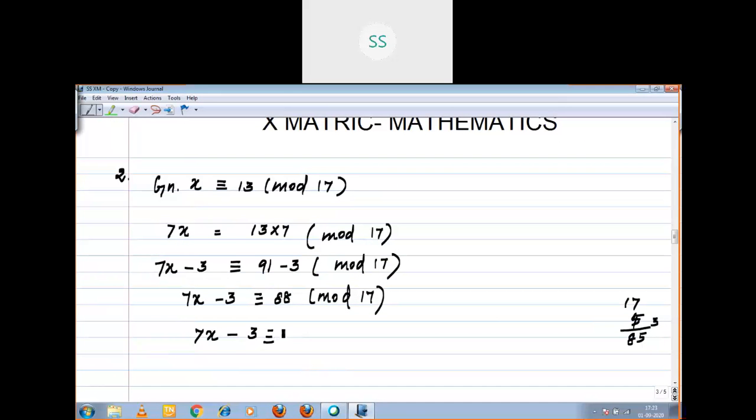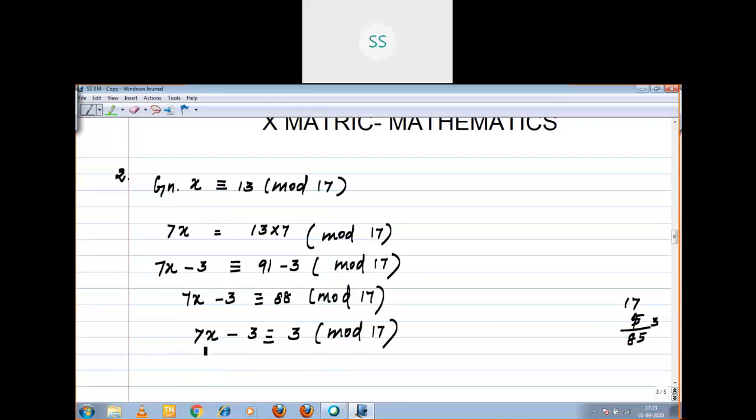The remainder, that you have to write here. You have to divide 88 by 17. That is the meaning, right?